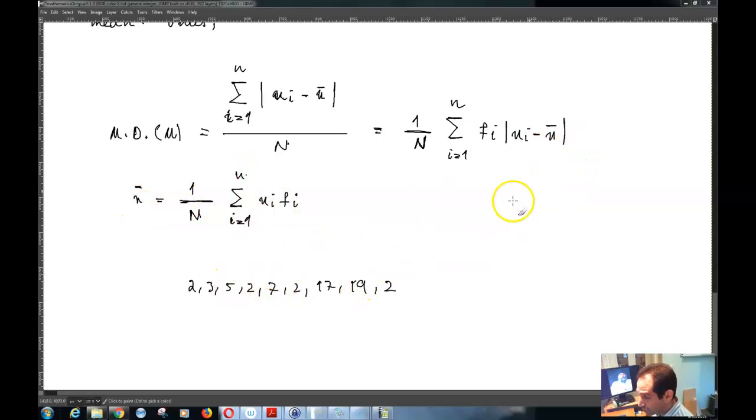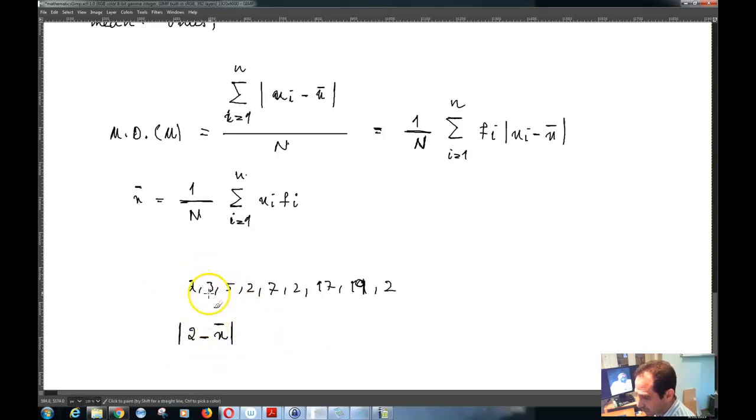Once you calculate x bar, you are required to calculate the difference of each x of i from your x bar, meaning that every time you have one observation, for example 2, you find the difference of that observation and x bar and take the absolute value of that.